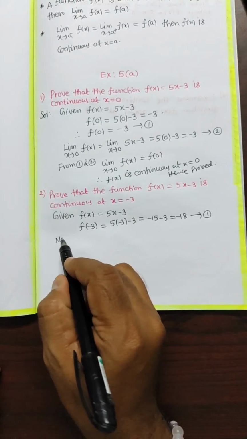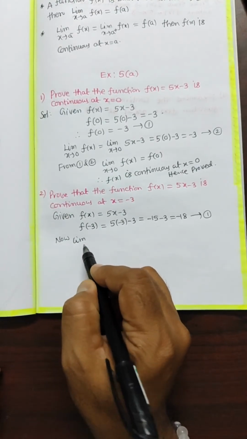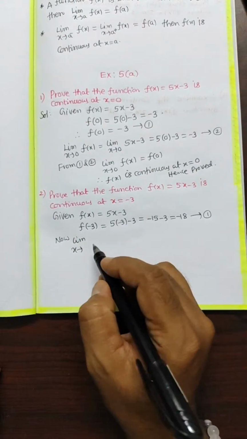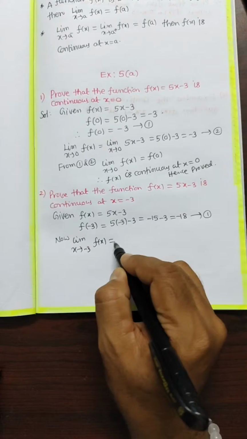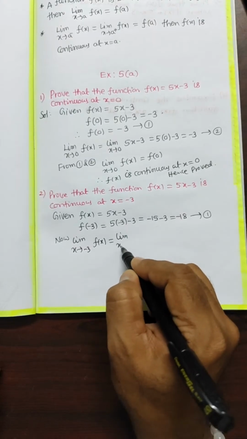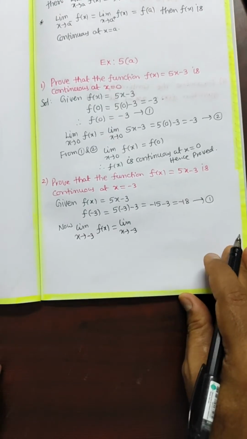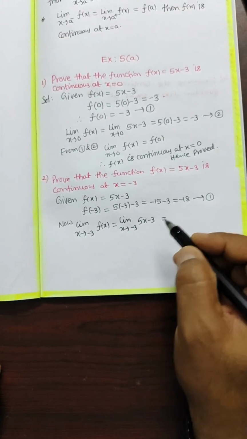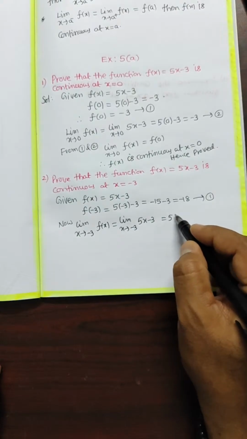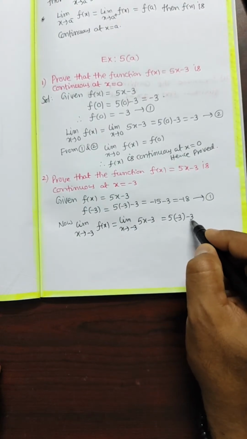Now consider limit x tends to minus 3, f of x. What is f of x here? 5x minus 3. So wherever x is there, replace with minus 3. 5 into minus 3 minus 3.